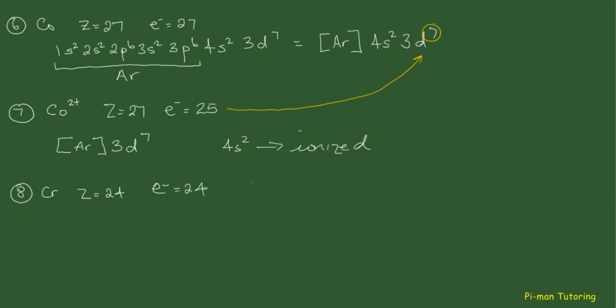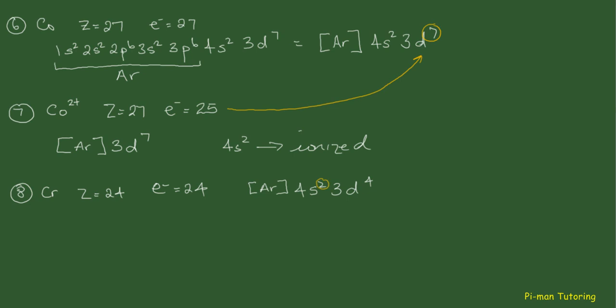And so we might expect an electron configuration of argon, and then we've got 3 electrons less than cobalt. So we might expect 4s2, 3d4, based on the Aufbau table. But this is not correct.